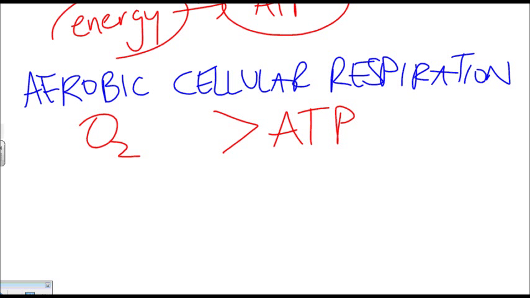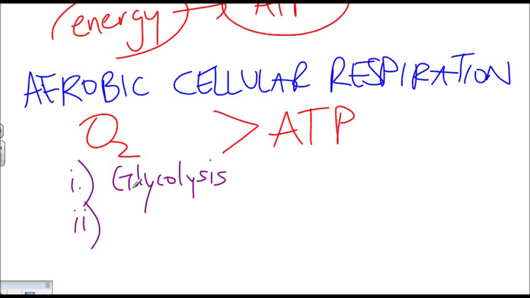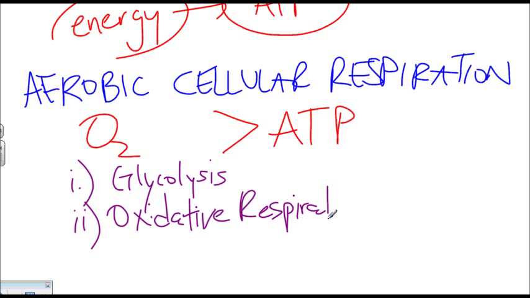The first stage is known as glycolysis. The second stage is known as oxidative respiration. There's a great deal of chemistry involved with both of these reactions, but this is a simplified look at cellular respiration.